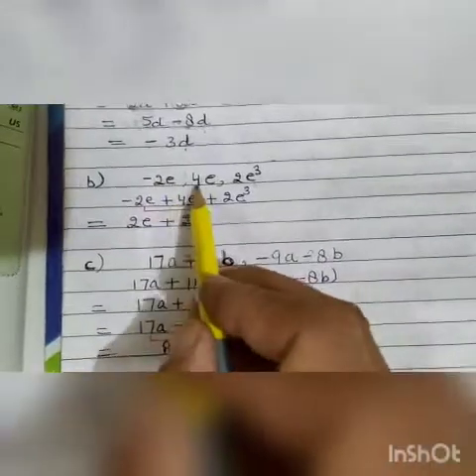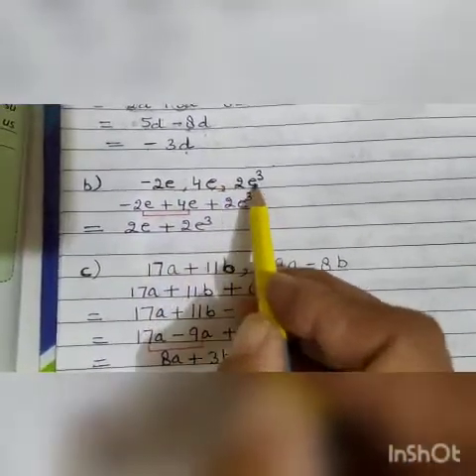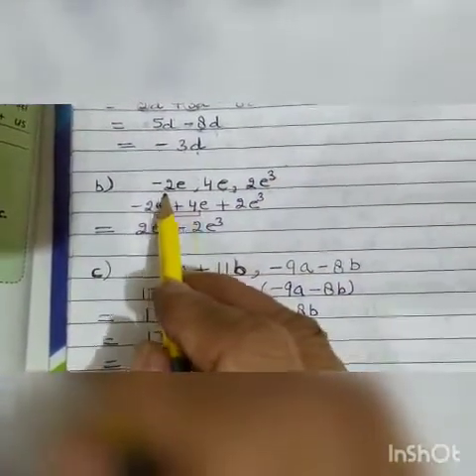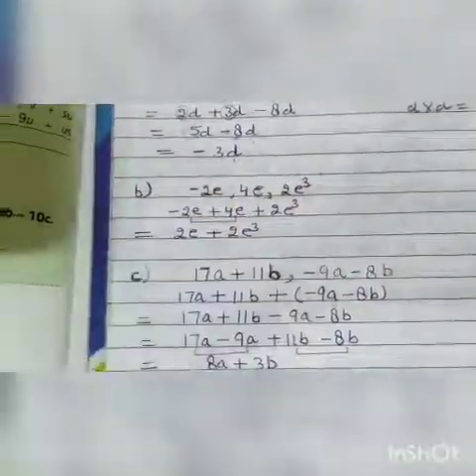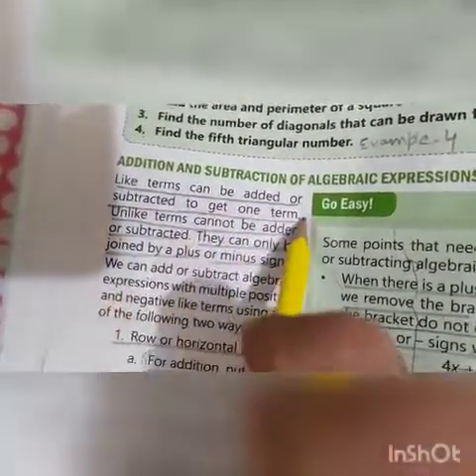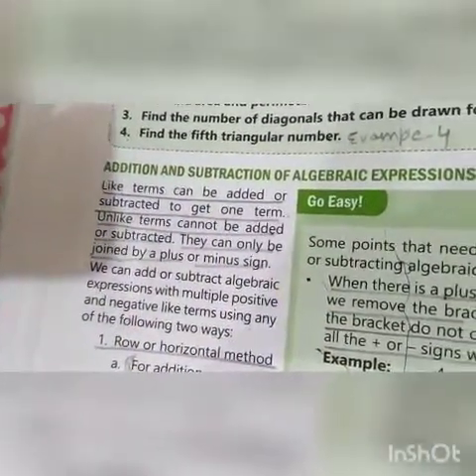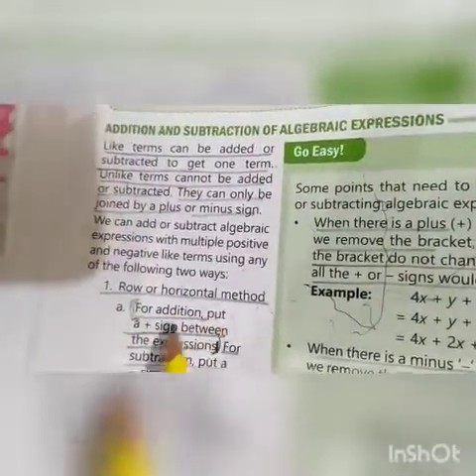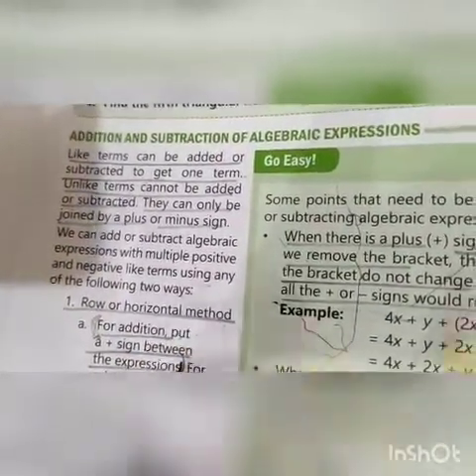Minus 2e, 4e, 2e cube. Again we have to add these three terms. You have read, as I told you, that like terms can be added or subtracted to get one term, and for addition we put a plus sign between the expressions.